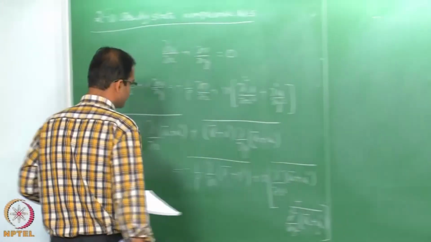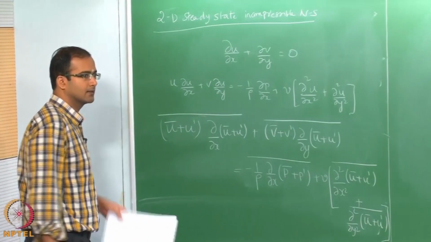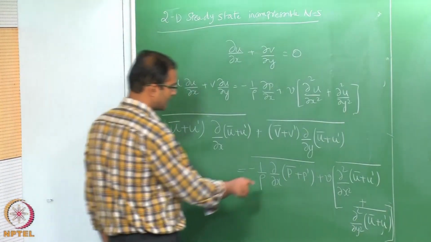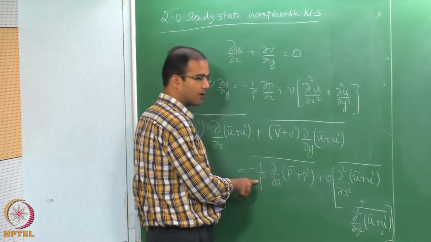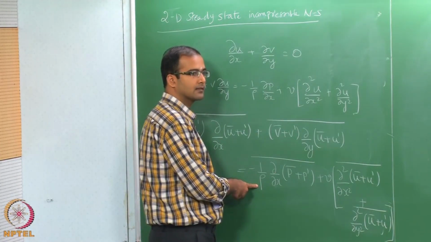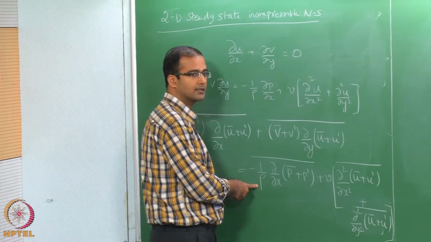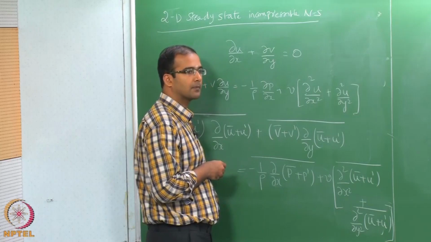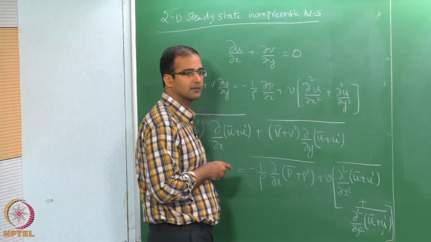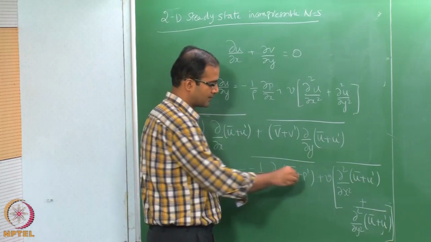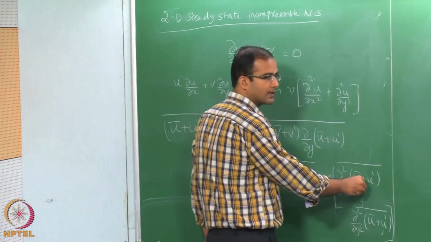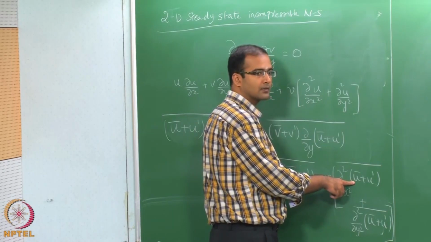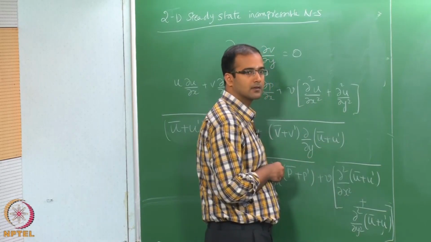So, if you look at the right hand side, everybody must have written this step. This is incompressible, so there is no averaging operator on the density. So, 1 by rho d by dx of p bar plus p prime bar, and p prime bar will be 0. Similarly, if you do the averaging here, this is u bar plus u prime bar, so u prime bar is also 0.